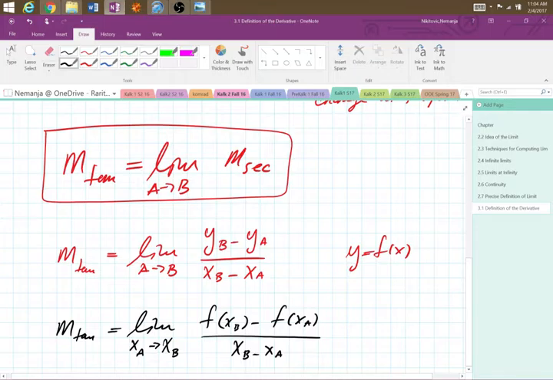So this formula is the same as that one, except it has function notation in it. And now when you look at this, you have the way to compute the tangent line.